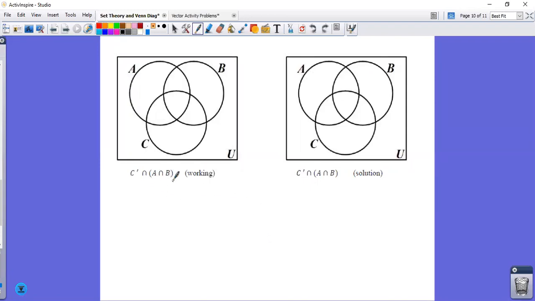So A intersect B are these two, where A and B. Where that intersects not C is here, here, here, here. Yeah, the outside is not, and then those three areas. Intersection is where I have two X's, so the only place that intersects is just this little piece up here.